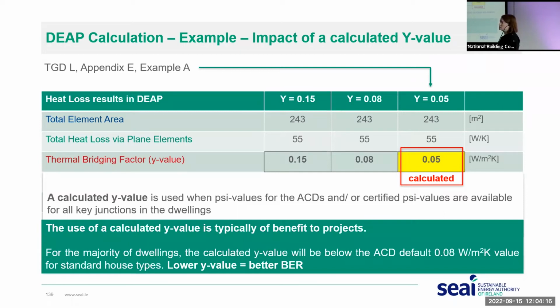The use of a calculated Y value is typically of benefit to projects, and for the majority of dwellings, the calculated Y value will be below the ACD default of 0.08. And that will give us then a better compliance result and better BER.